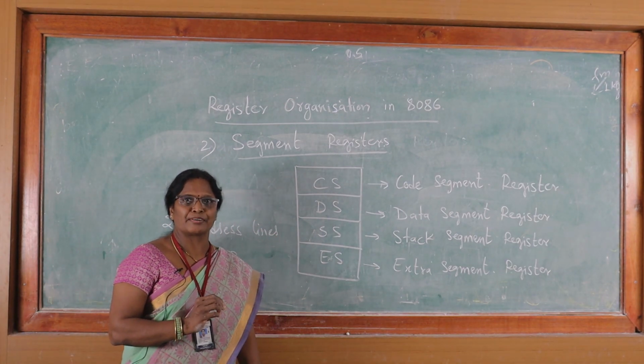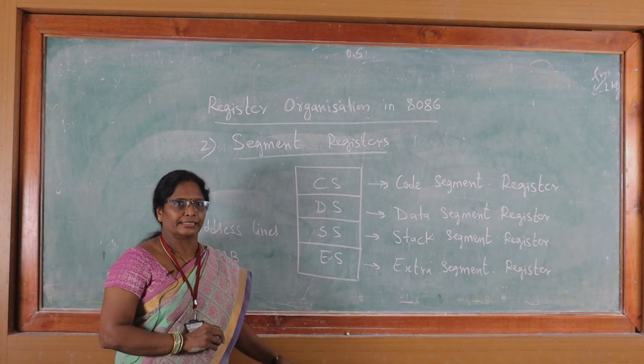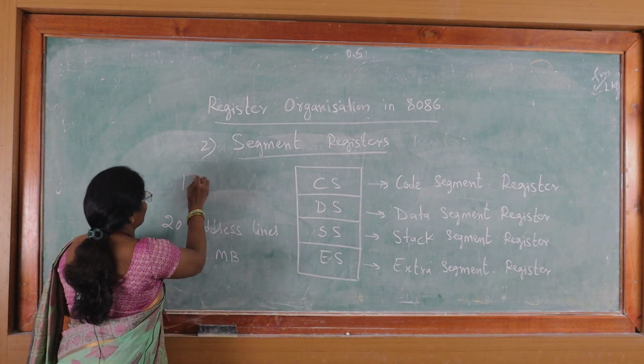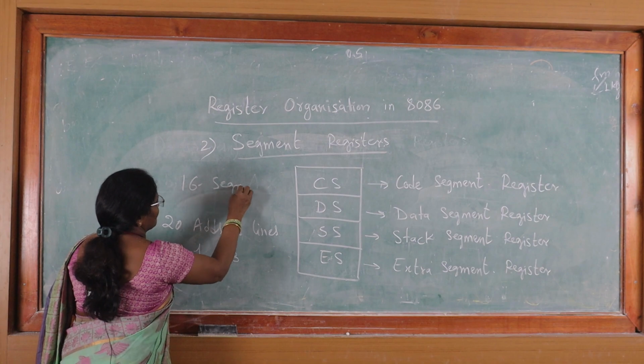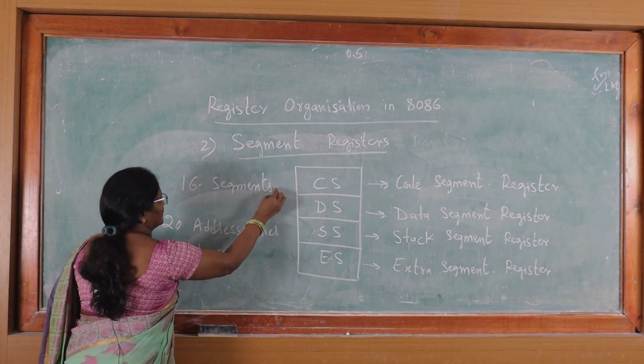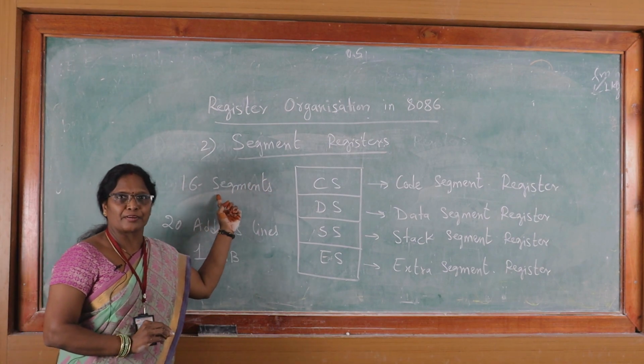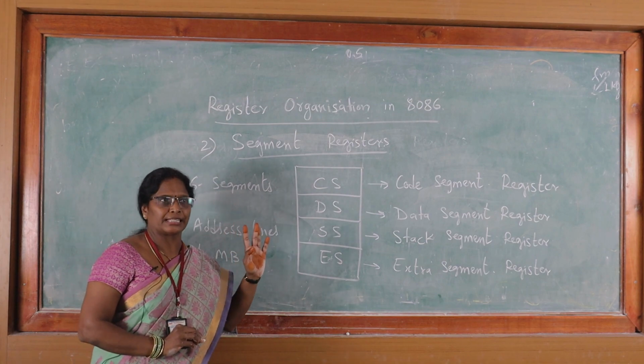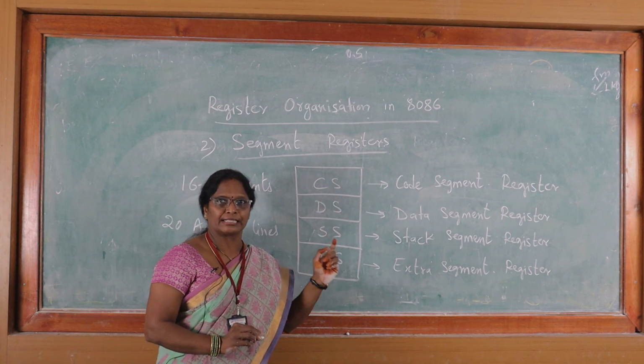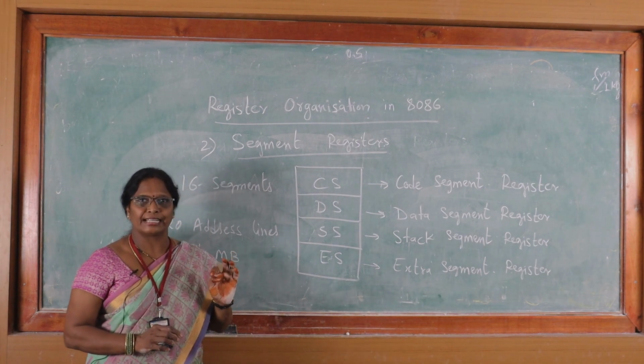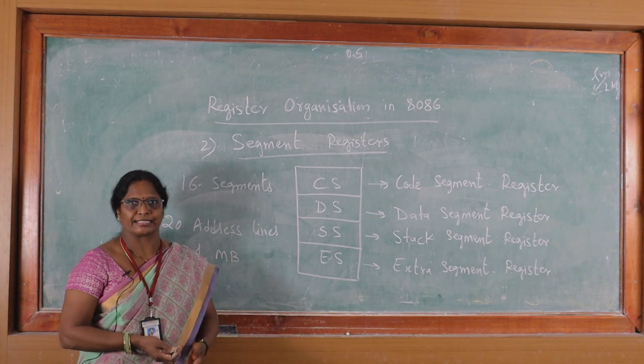The size of each segment is 64 kilobytes. Out of these 16 segments, the microprocessor uses at any given time only 4 segments. They are the code segment, data segment, extra segment, and stack segment.